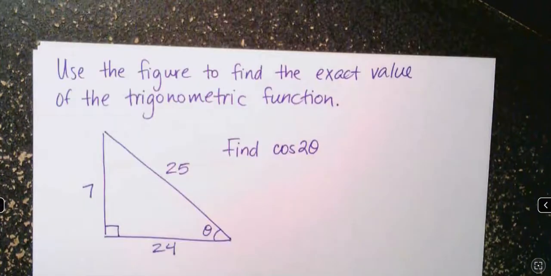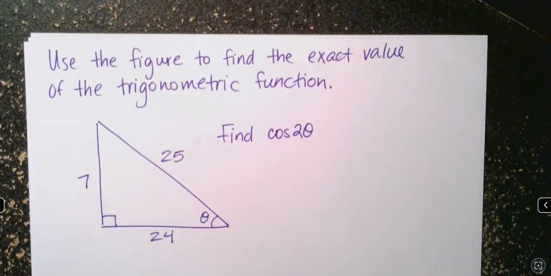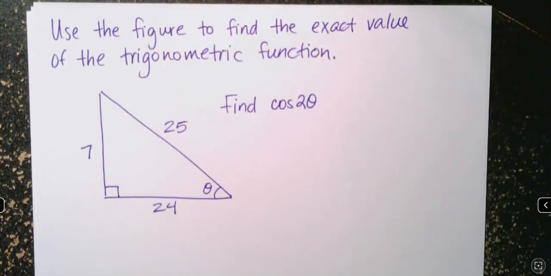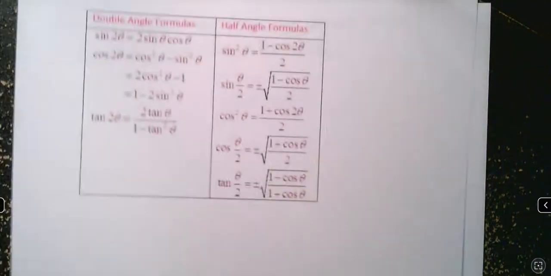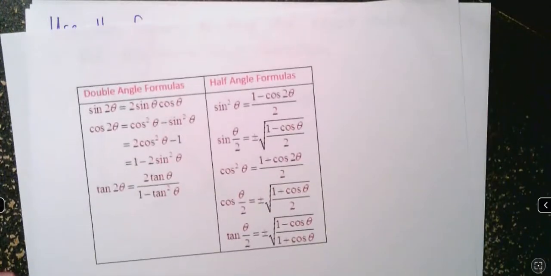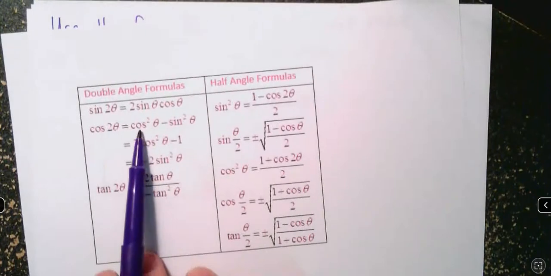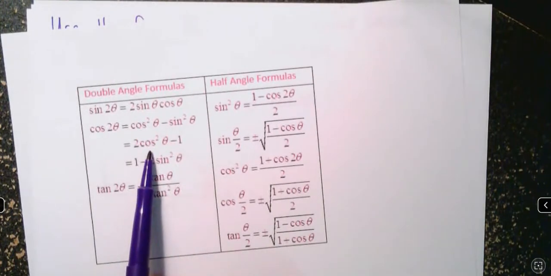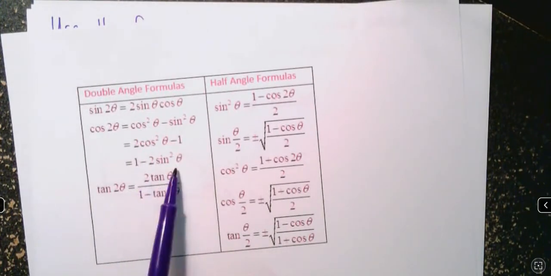So the choice is usually yours. So let's look at the first problem here. It says use the figure to find the exact value of the trigonometric function. Gives me a triangle, and it says find the cosine of 2 theta. Okay, so looking at the formula for cosine of 2 theta, this is the one that I could use whatever I want. So one of them involves cosine and sine, one of them involves cosine only, one of them involves sine only.